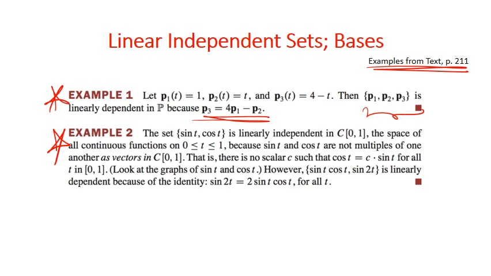And then down here, this one, because sine and cosine are not multiples of one another, they're linearly independent. However, it gives an alternative example showing that this example would be linearly dependent. So go ahead and read through that.